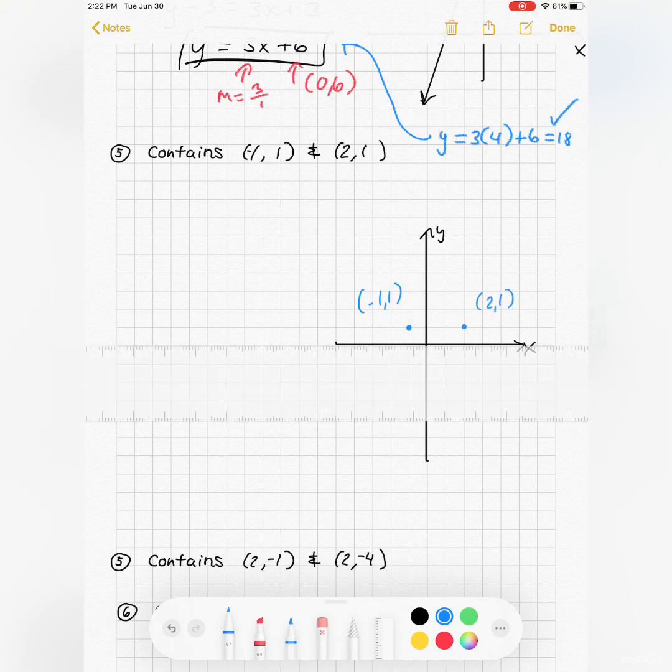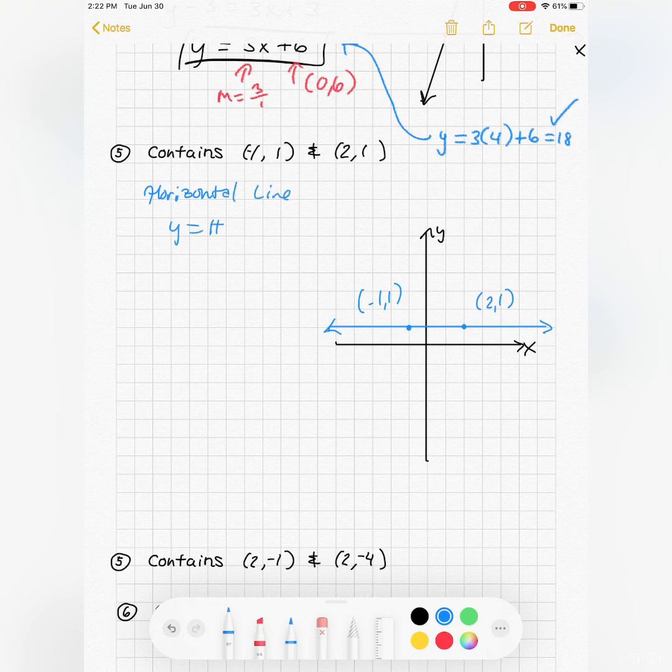So I can tell you immediately the answer to this problem. This is a horizontal line. Remember, the equation of a horizontal line is y equals number. So what is the number? The number is 1. I'm done.